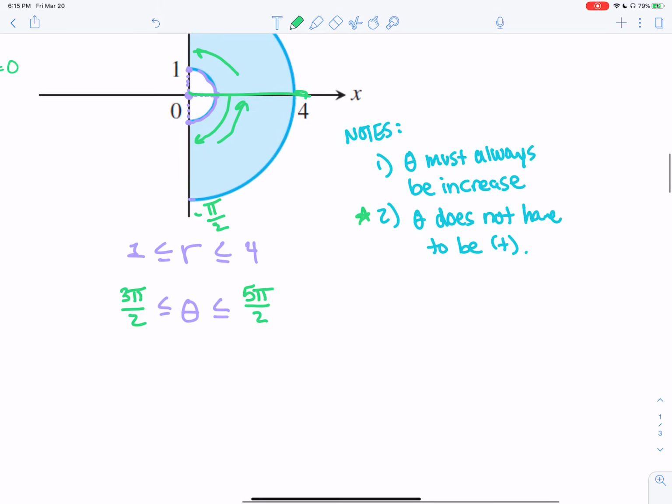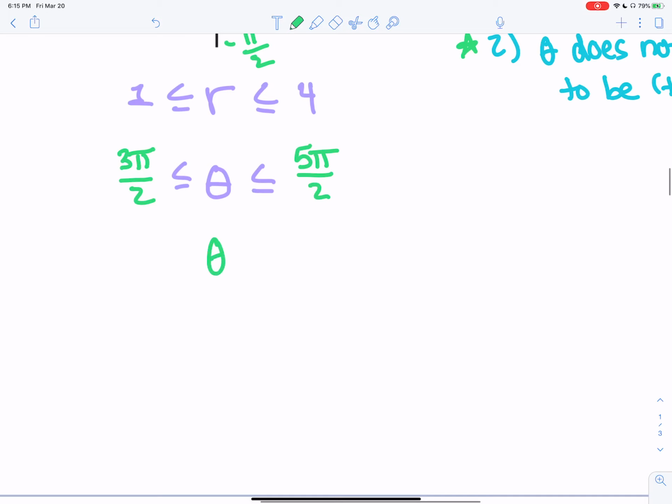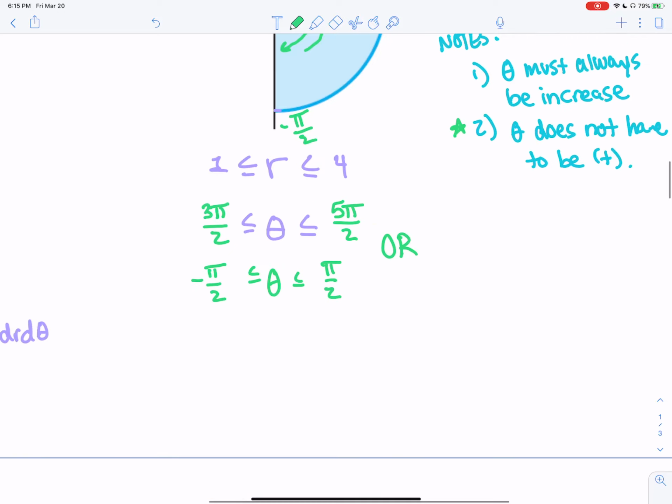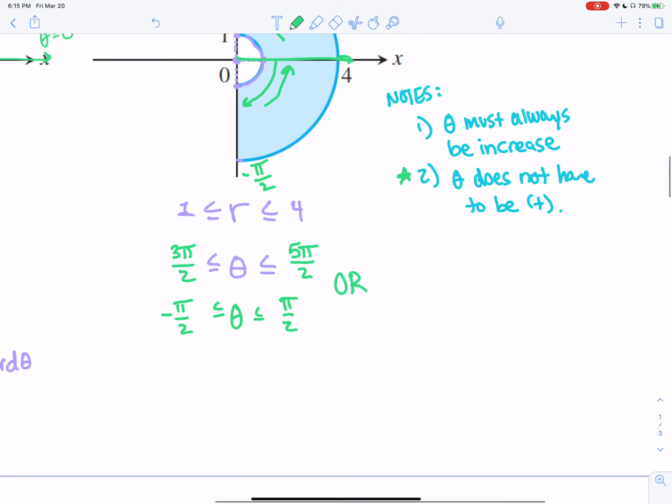So that's another way you could write this region. So you could write it from negative pi halves to pi halves. So you could do that or that, right? Both of them are equally valid. I prefer this one. I think it's a little bit more elegant, but either one is true.